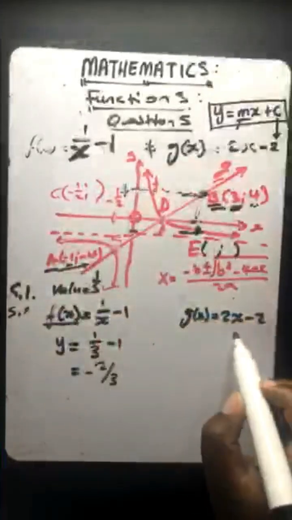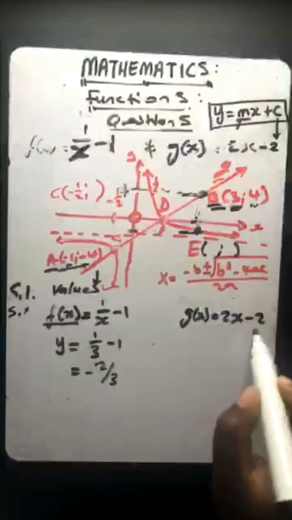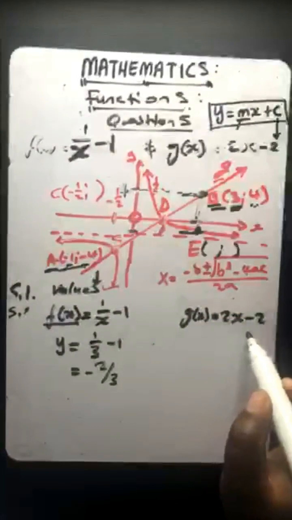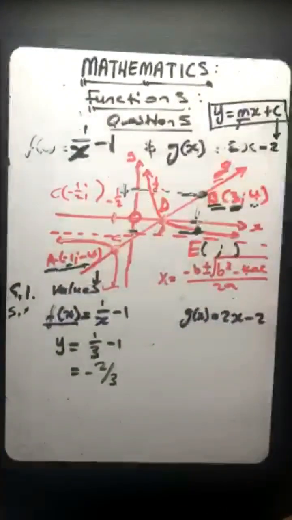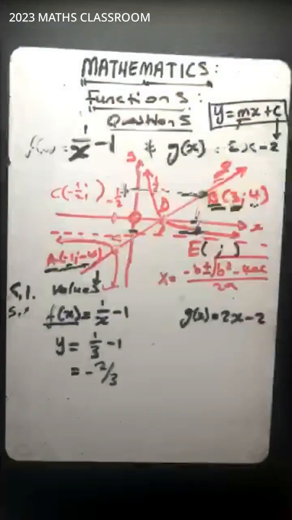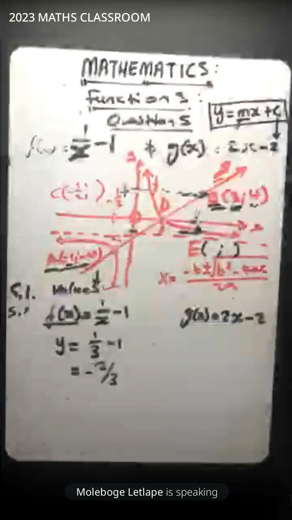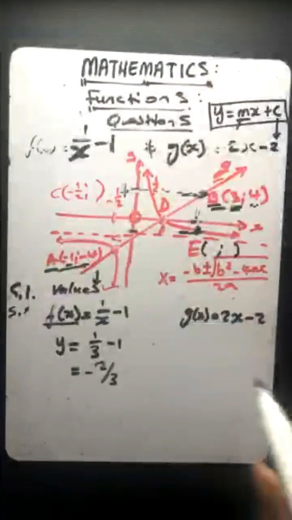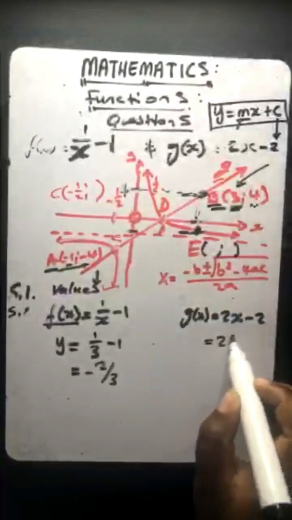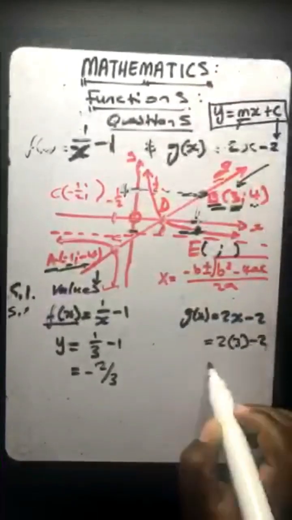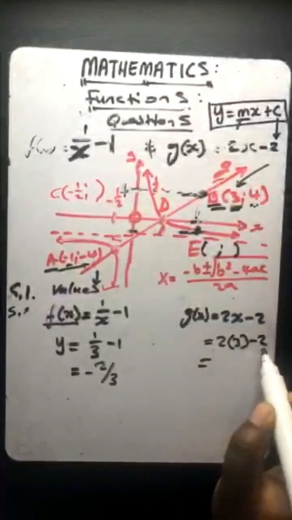So let's also ask ourselves the same question just to verify something. That point B, is it on g of x or f of x? On g of x. What is x on g of x? It is 3. So where you see x, you put 3, then you calculate the y value.